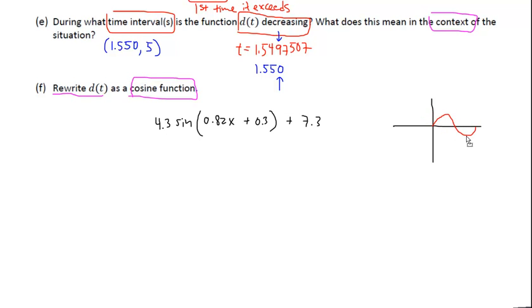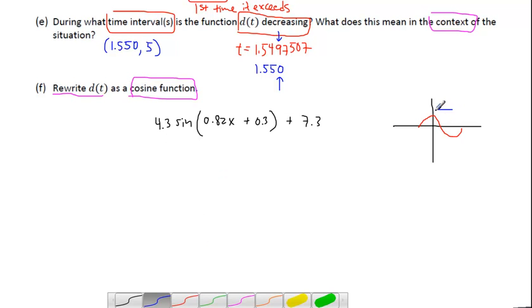So it takes sine from here and moves it to the left. If I need to move to the left pi over 3, that's going to be a change here of pi over 3.